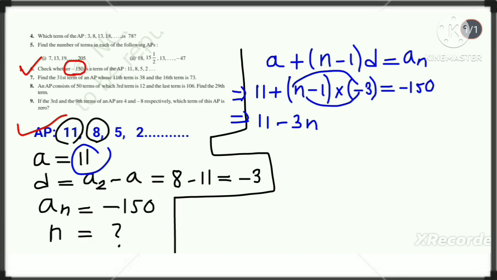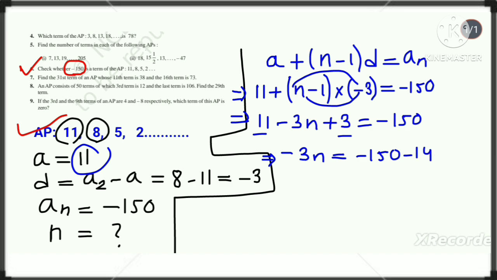Similarly, minus into minus, plus 3 ones are 3, equals minus 150. Again, minus 3n equals minus 150, and here this 11 and 3, after adding we obtain 14, and this plus 14 goes to RHS and becomes minus 14.